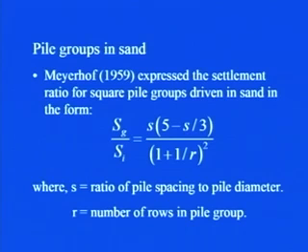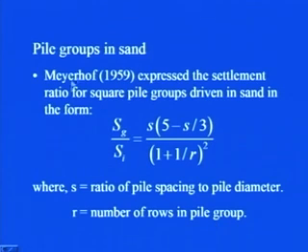Like Skempton gave one particular empirical relation in 1953, Meyerhof in 1959 expressed the settlement ratio for square pile groups driven in sand in the form that SG by SI is equal to S into (5 minus S by 3) divided by (1 plus 1 by R) whole square, where S is the ratio of pile spacing to pile diameter, that is, the pile spacing divided by the diameter of the pile, and R is the number of rows in the pile group.